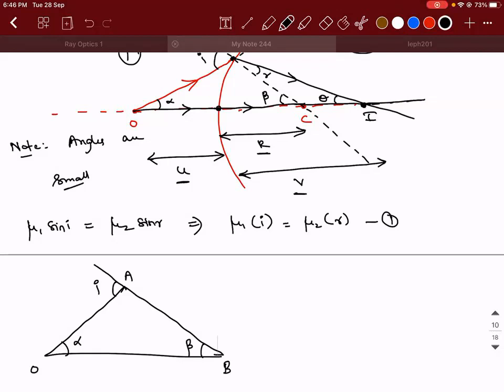You look at the triangle, you know the basics of geometry. What is the relation between all the three angles is what I asked.